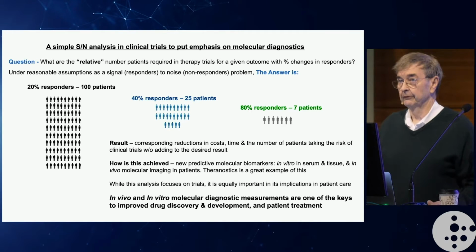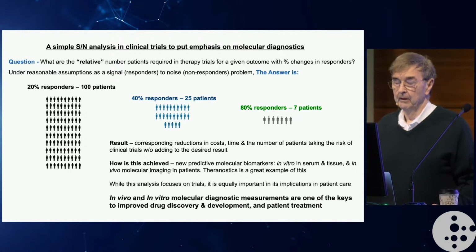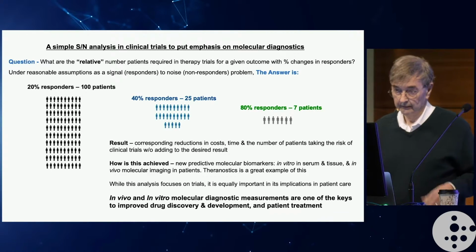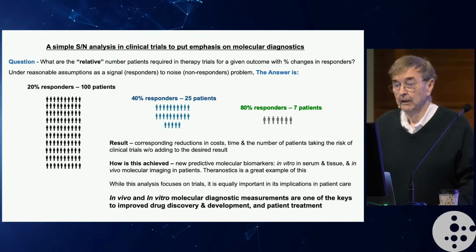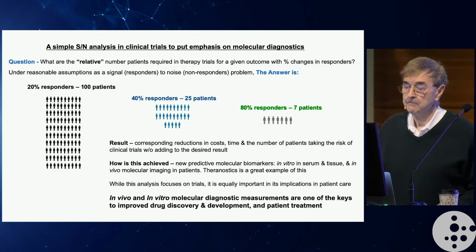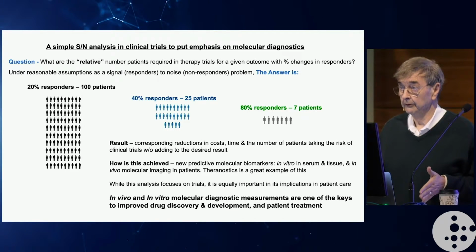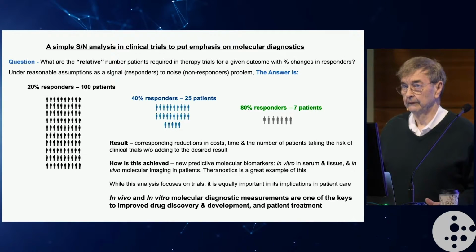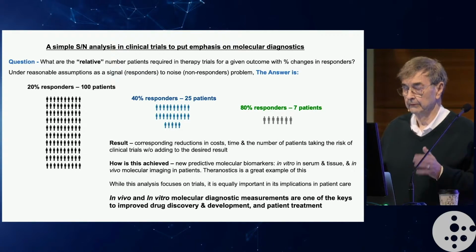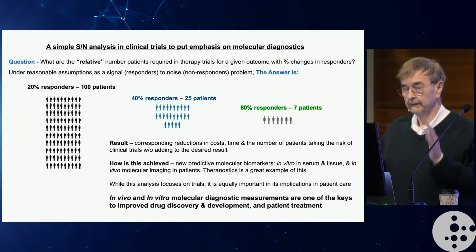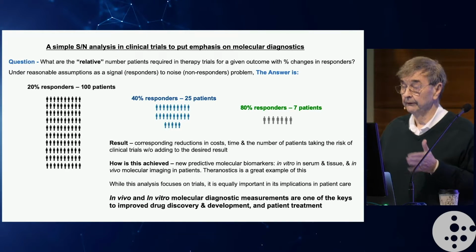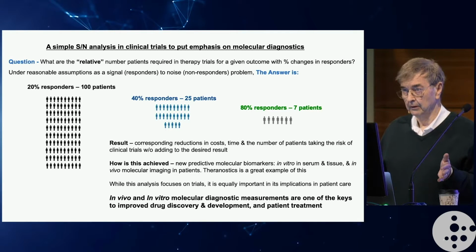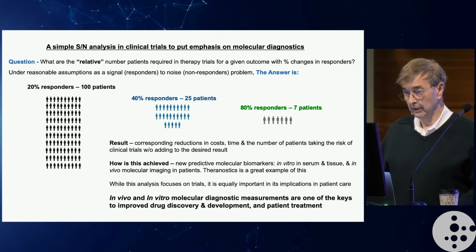Now, this is a very unusual slide. I have become unpopular many times in my life, and this is another way. But I've always believed, like Lee Hood has believed, that diagnostics are really the key to therapeutics. Measurements, measurements, measurements. So I did a very simple signal-to-noise analysis to try and put the focus on the diagnostic as you approach the therapeutic trial.